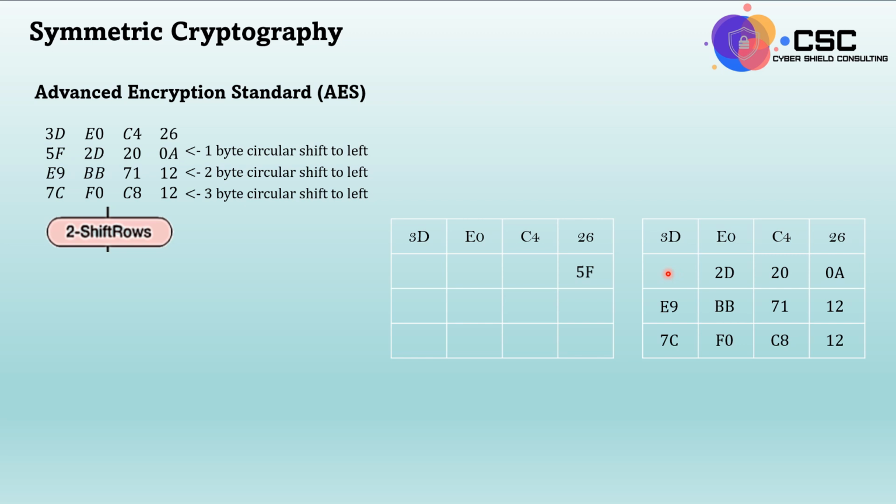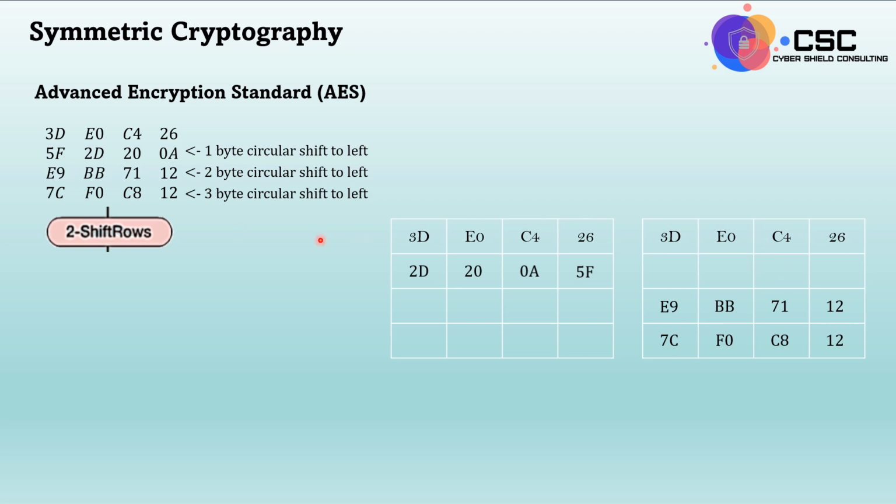If you look at the new matrix, that will be first in row number 2. And then I'll look at 20, this will be 1 byte shifted, so it needs to go here. And then we look at 0A, we do a 1 byte shift, so it should be third in row number 2. And here is how we shifted row number 2 by 1 byte.